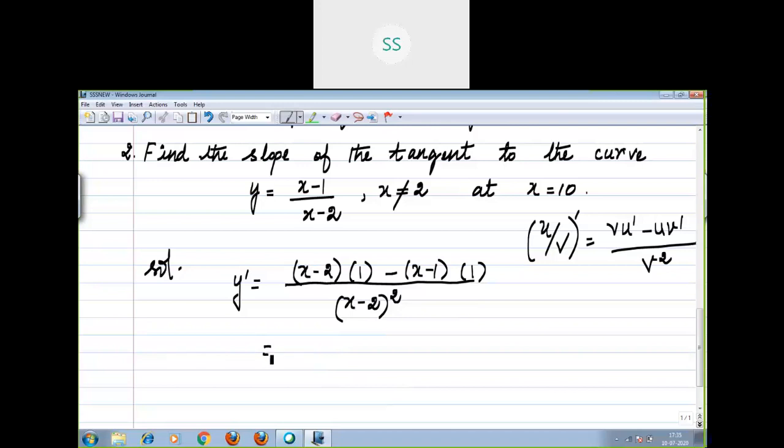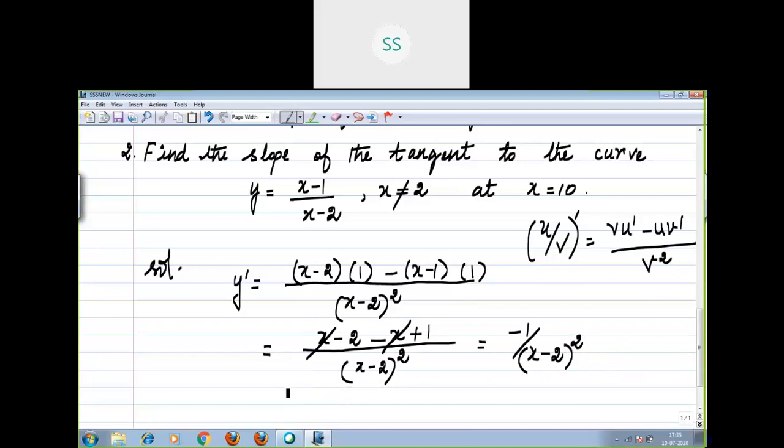Now you are going to remove the bracket in the numerator, right? x minus 2 the whole square. x minus 2 minus x, use minus and multiply all the terms. So plus 1, minus x plus x cancel, which is equal to minus 1 by x minus 2 the whole square, right?